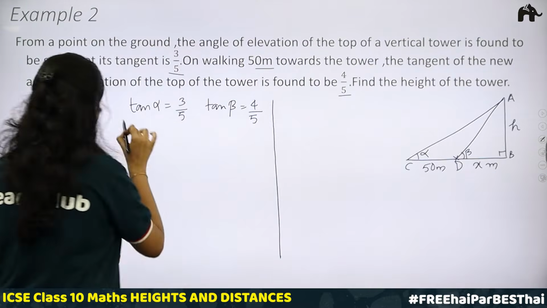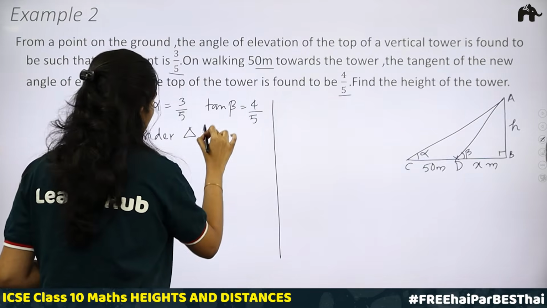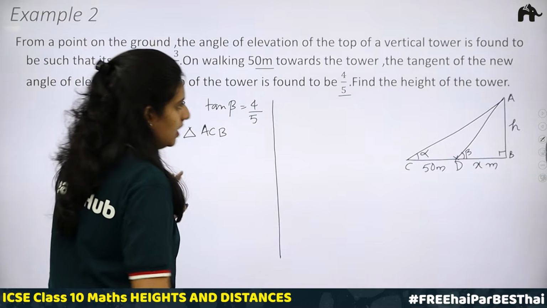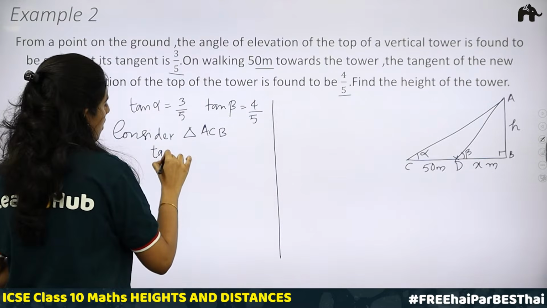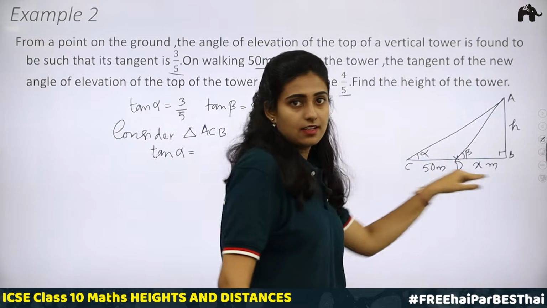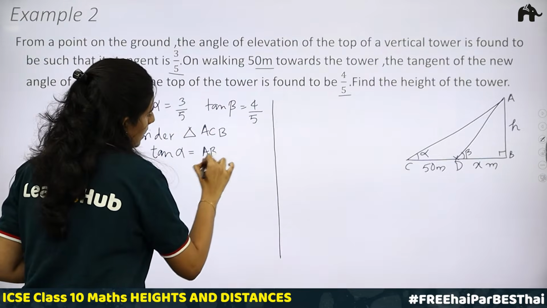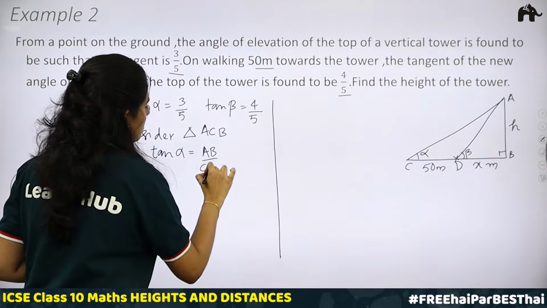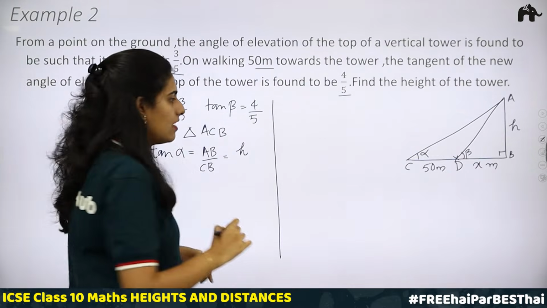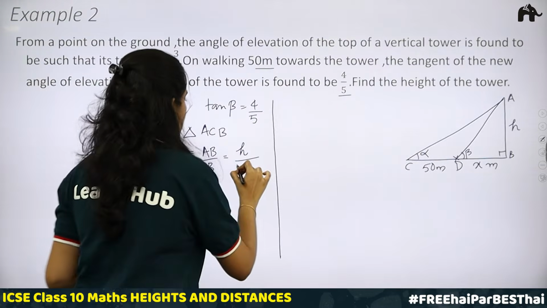Consider triangle ACB. In triangle ACB, we have tan alpha is equal to opposite by adjacent. Here opposite is AB divided by adjacent CB. What is AB? AB we have taken as h, the height of the tower. Then CB will be equal to 50 plus x.